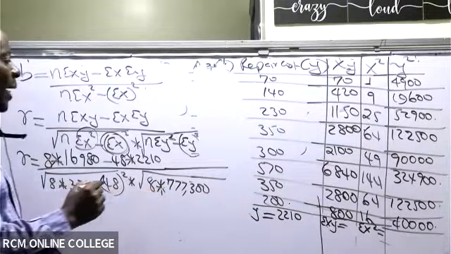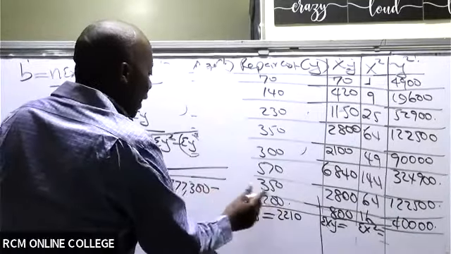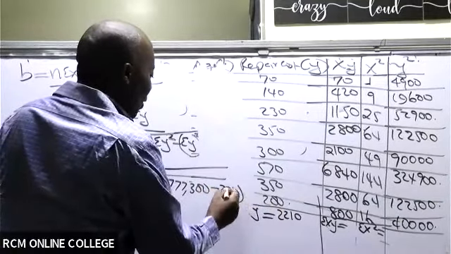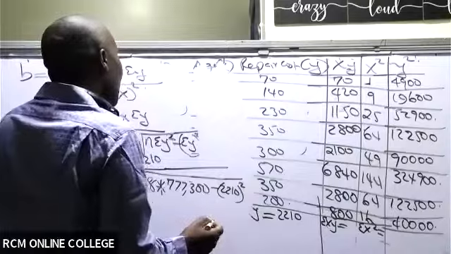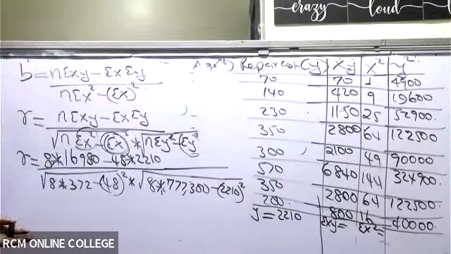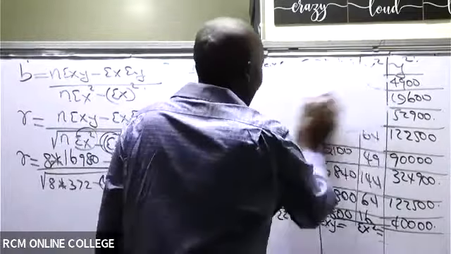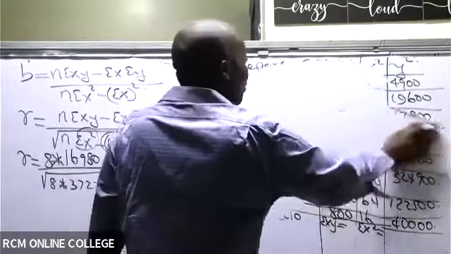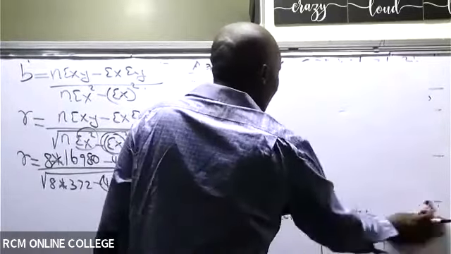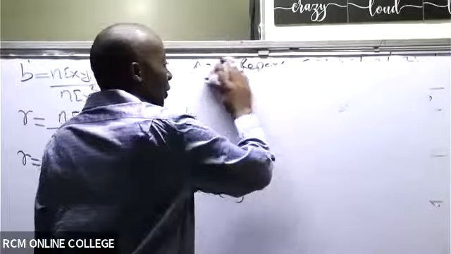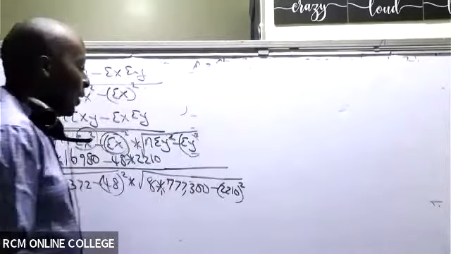Yes. Minus summation of y that I have here, 2210. Now you square this. It may look very big, but trust you me, it's very simple.